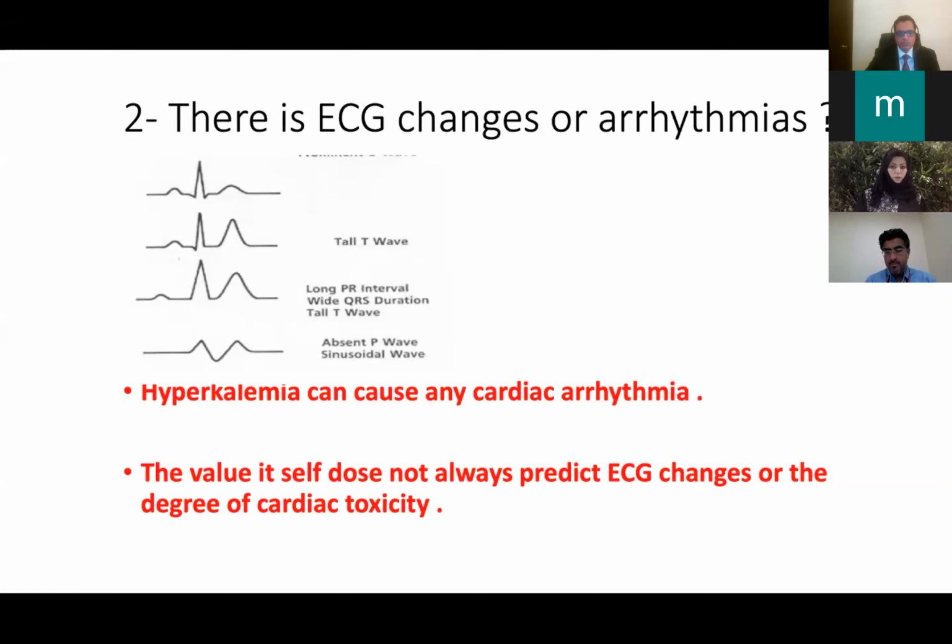So it's nice to know what is expected to change at each level of potassium, but in clinical life, potassium of 6 can cause VTAC in one patient, and potassium of 7 or 8 in other patients who tolerate chronic hyperkalemia, like end stage renal disease patients, will be with normal ECG. So again, the value itself does not always predict the degree of ECG changes and cardiac toxicity.